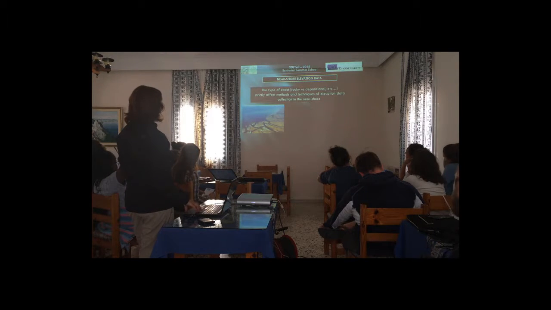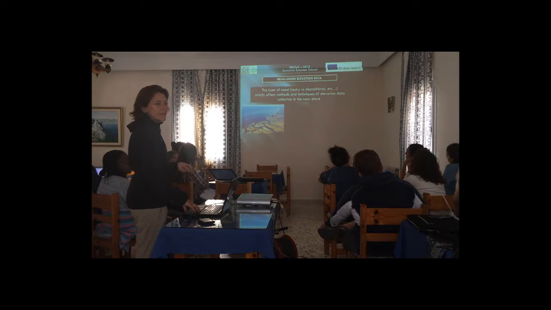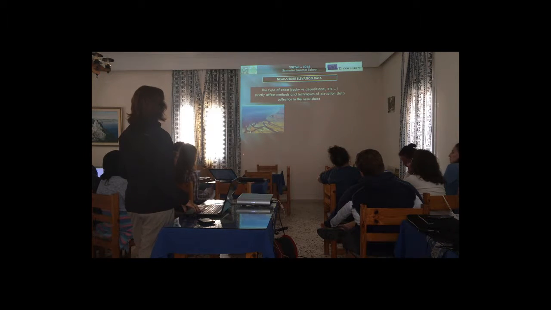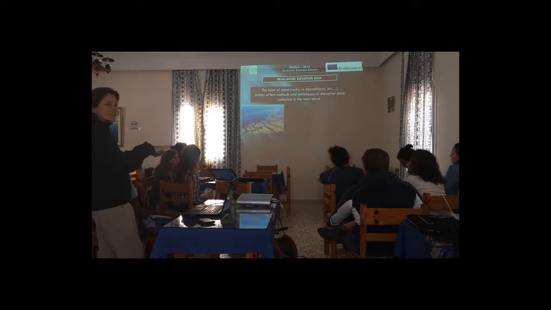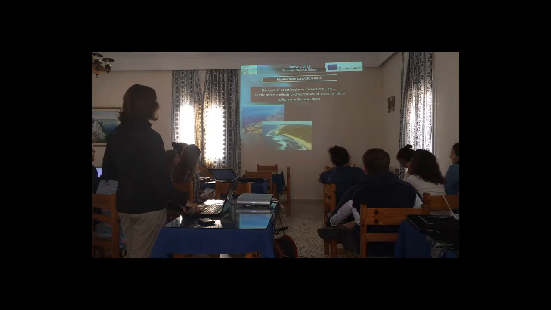If you have, for example, a delta environment full of sediment all around, it's very difficult to use this kind of technique. Even if it can be extremely interesting because you can study with a very high detail the morphodynamics of this kind of environment.